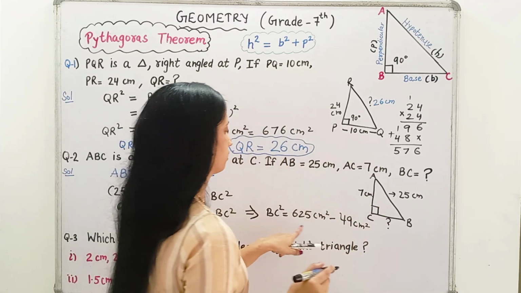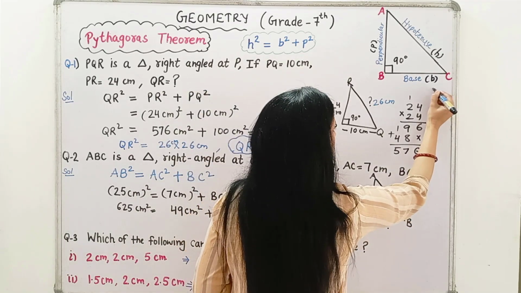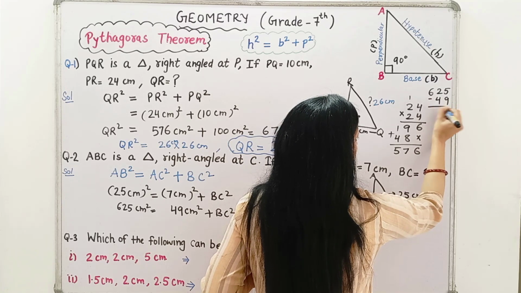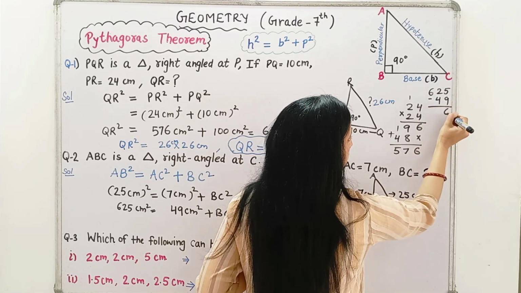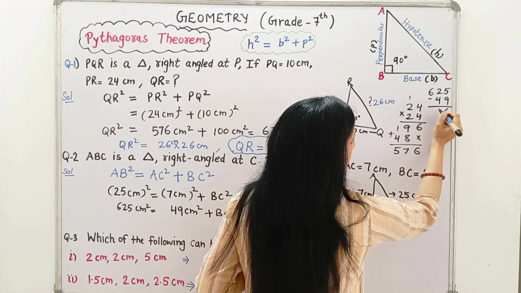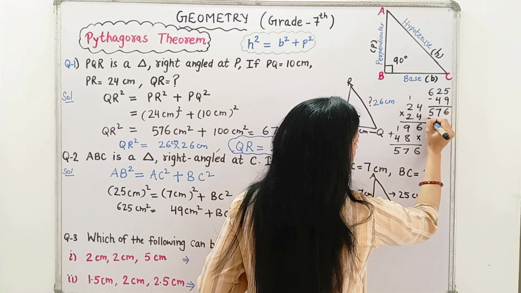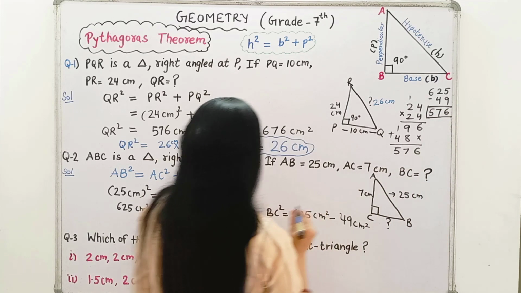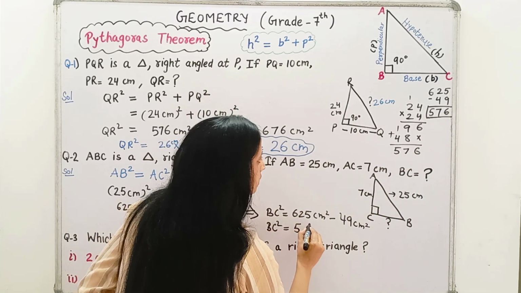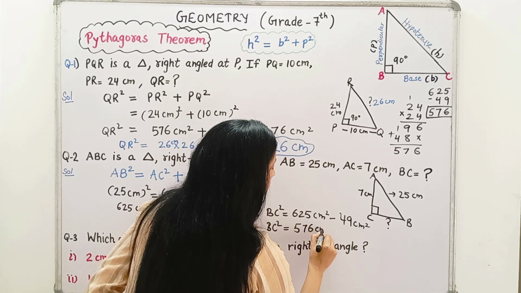Let's subtract 49 from 625. 15 minus 9, we will get 6. Here we will be left with 1. So 11 minus 4 will be 7 and 5. So we will be left with BC square equal to 576 centimeter square.